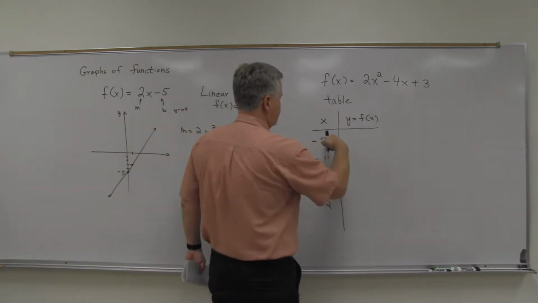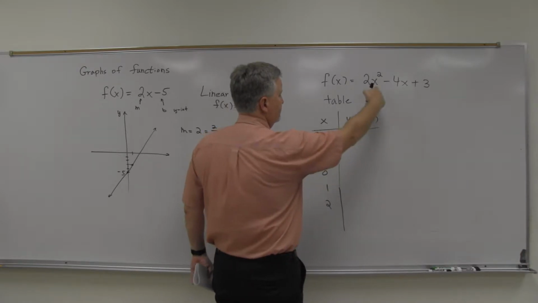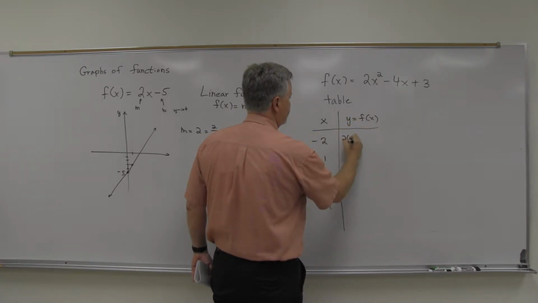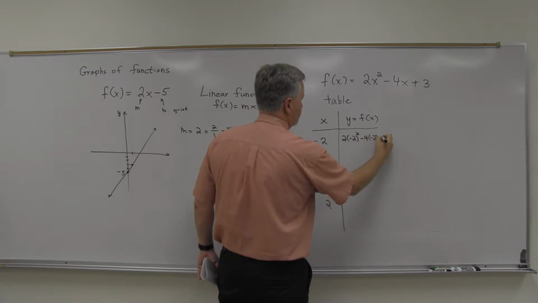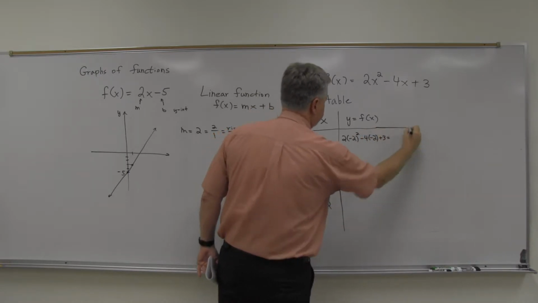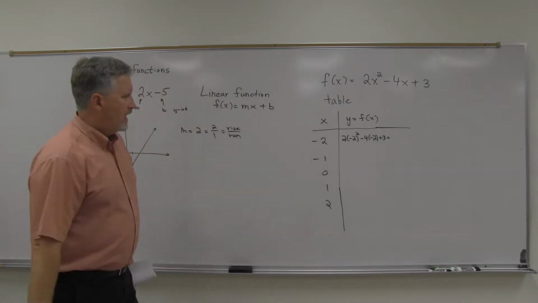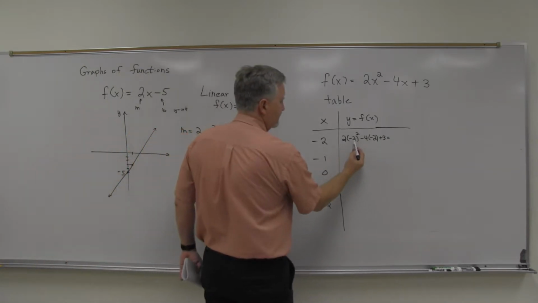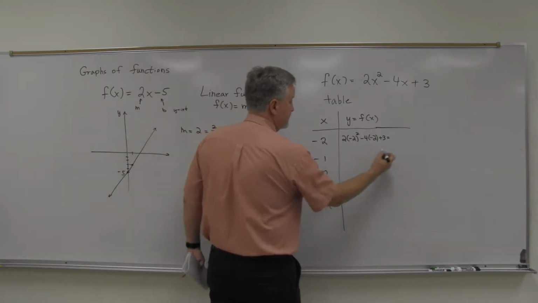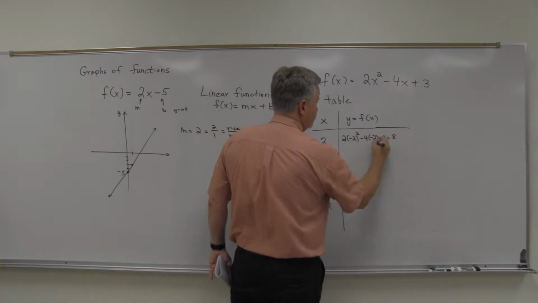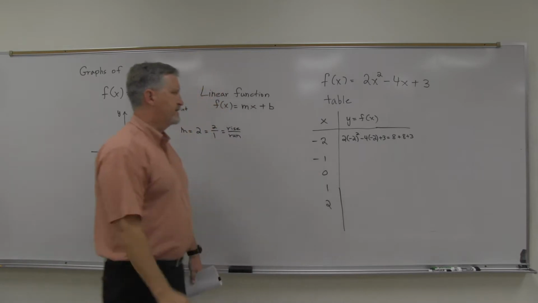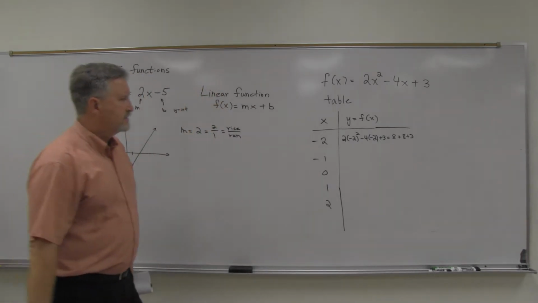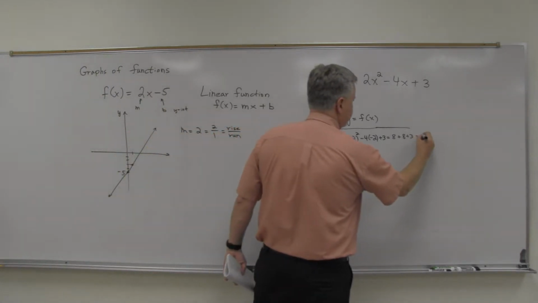This says I need x to be -2, so I'm going to plug in -2 and see what I get. I square that, that's +4, 2 times +4 is 8, then +8, and then +3. You have to be careful with your signs there. That is 19.